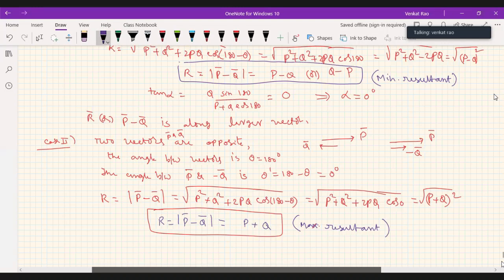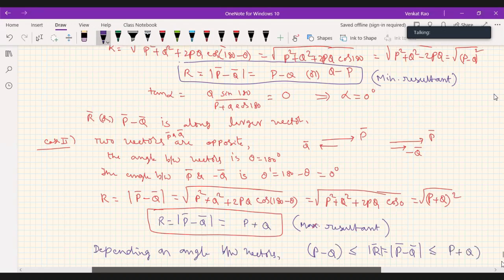So depending on the angle between vectors, P minus Q is less than or equal to R bar, which is the modulus of P bar minus Q bar, which is less than or equal to P plus Q. The resultant of two vectors should lie between P plus Q and P minus Q.